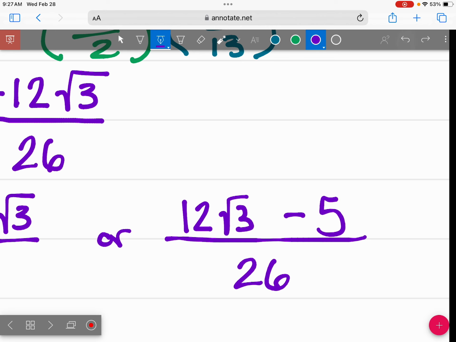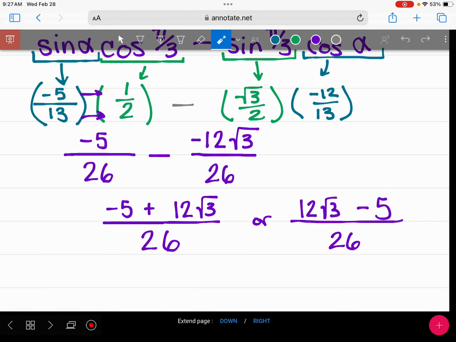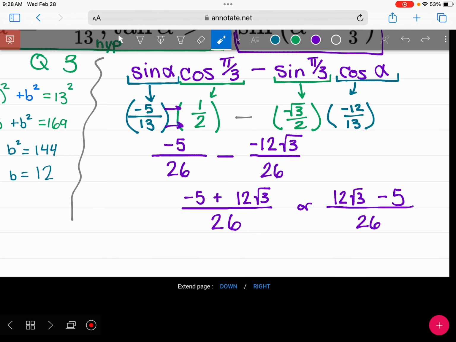The book tends to write them out this way. So if you're looking at answers in the back of the book, it'll do it this way because they don't like to start it with a negative number unless they have to. But they mean the exact same thing. So this is our final answer.